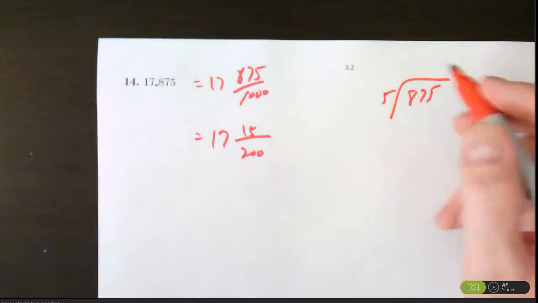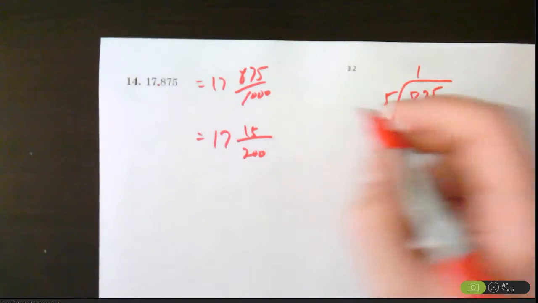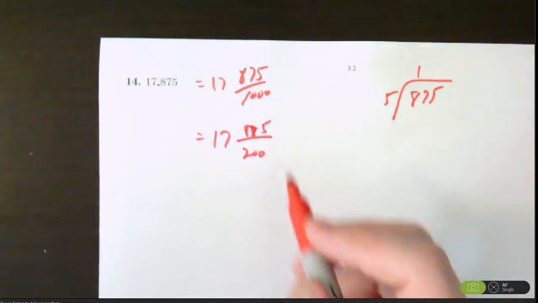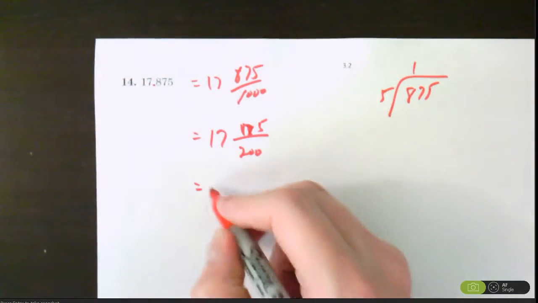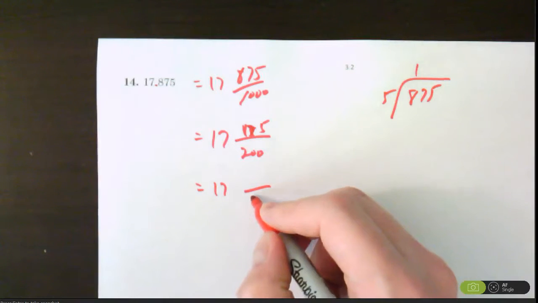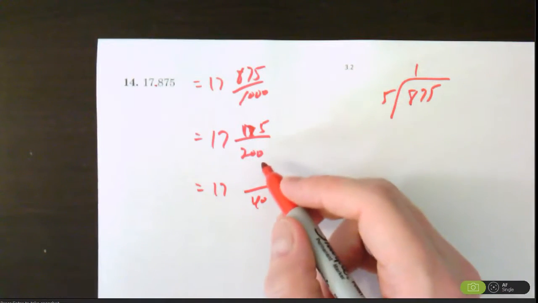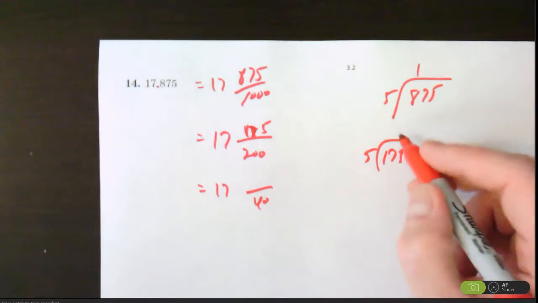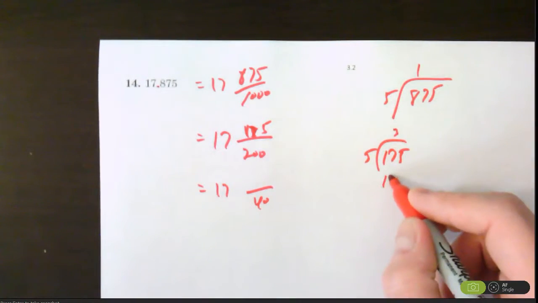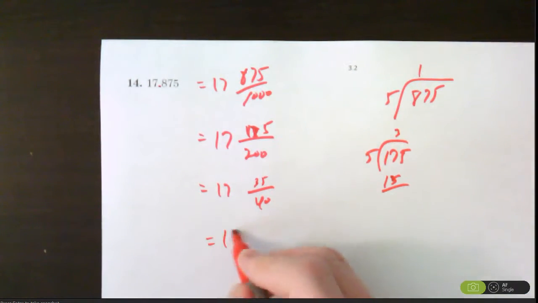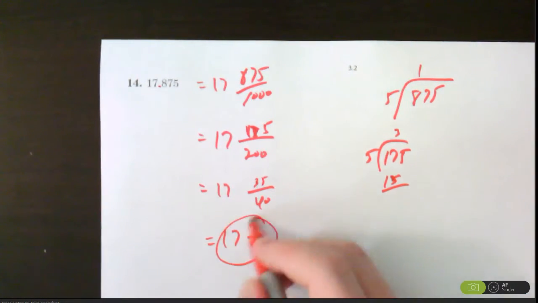I'm trying to do this in my head. It's too late for that. It's 175. So you get 17 over 175, divide both those by 5 again. That gives you 35 over 40, which is 17 and 7/8.